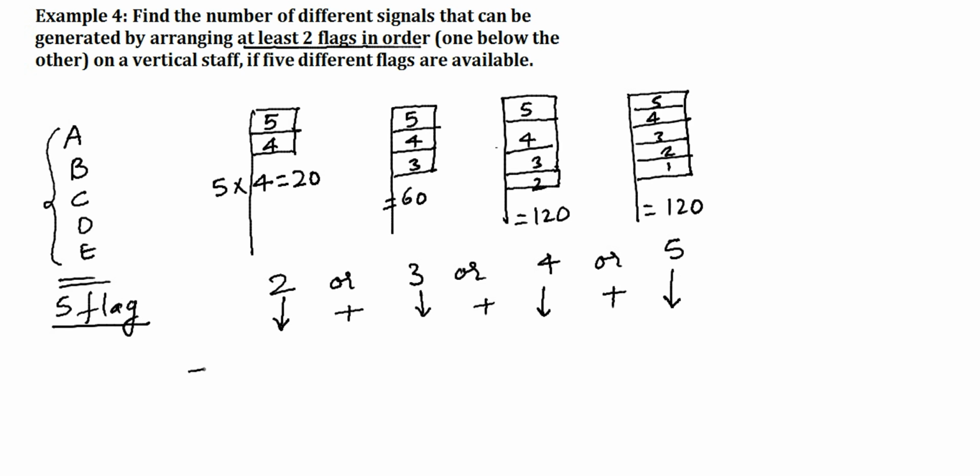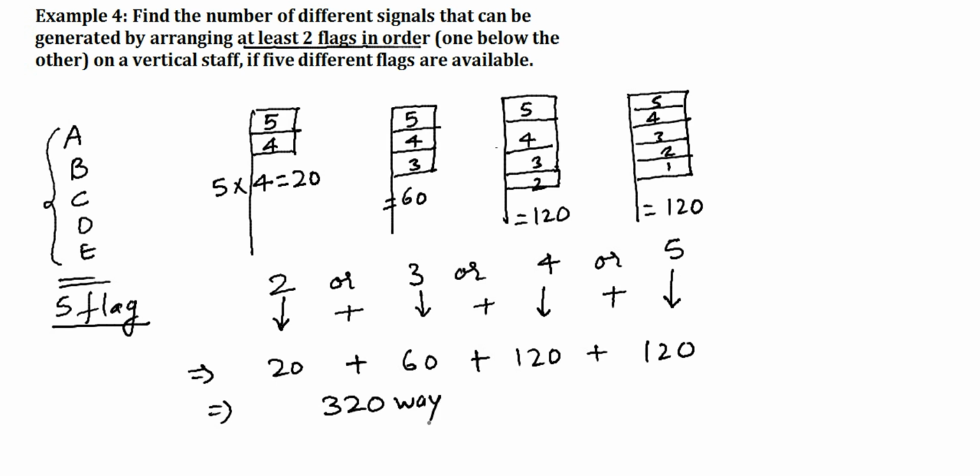So the total number of ways of giving a signal will be equal to 20 plus 60 plus 120 plus 120. So this is 240, 240 plus 80, this will be equal to 320 ways. So these many ways are there in which the signal can be generated.